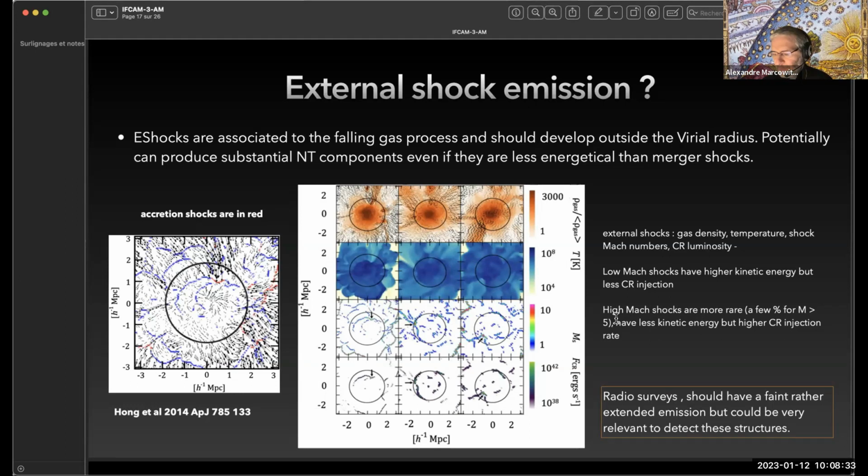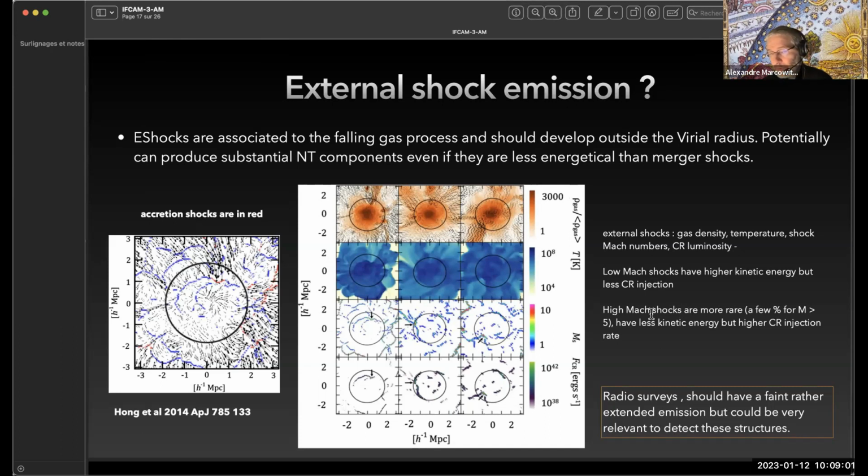At shocks you can put some cosmic ray pressure, a fraction of the kinetic energy of the shock. The kinetic energy of the shock is rho, the ambient density, times V shock squared. Of course, V shock squared is smaller, but rho is higher.